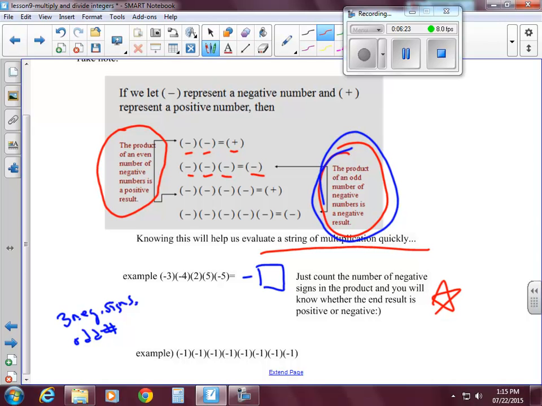In other words, just focus on 3 times 4. You already know the answer is going to be negative in the end. So 3 times 4 is 12, times 2 is 24, times 5 is 120, and then 120 times 5.